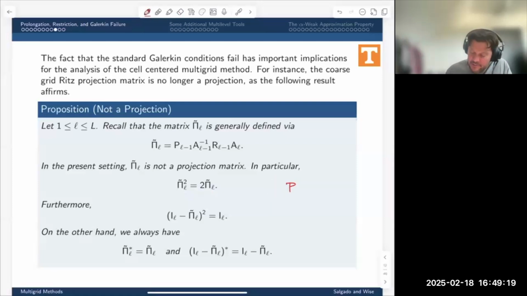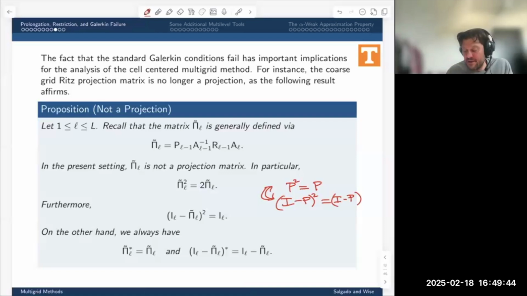If I have a matrix P and I find out that P squared is equal to P, then I minus P squared also equals I minus P. In fact, this is an if and only if. It's a two-way street. Implies and is implied by. So if either one of these is broken, then the other one has to be broken as well. You can't have one holding without the other. Well, this guy fails, so this guy is also going to fail to be a projection.